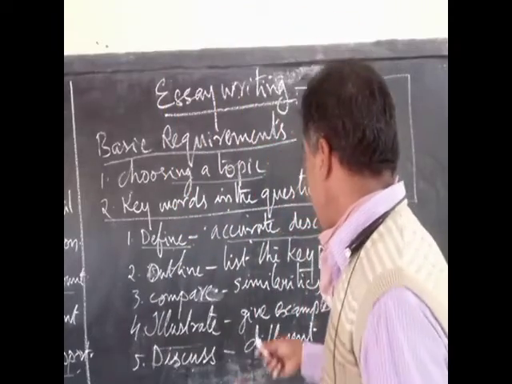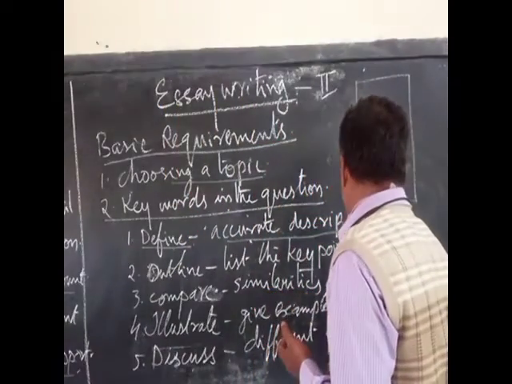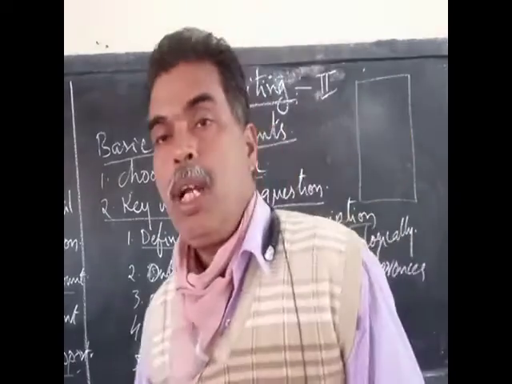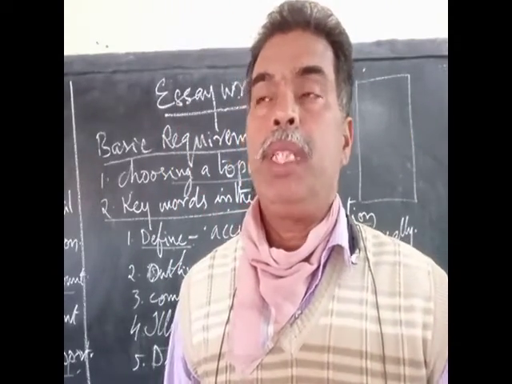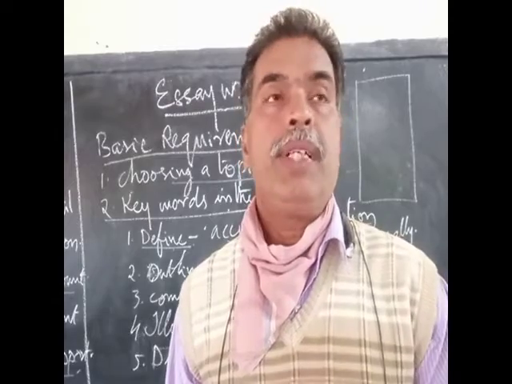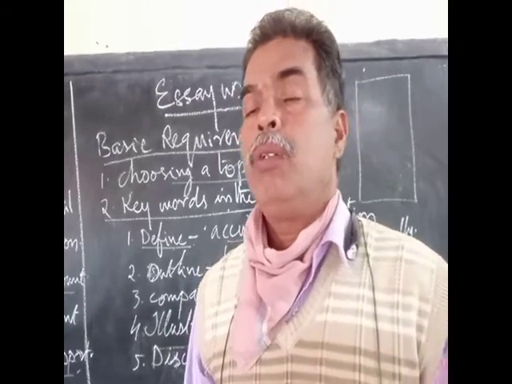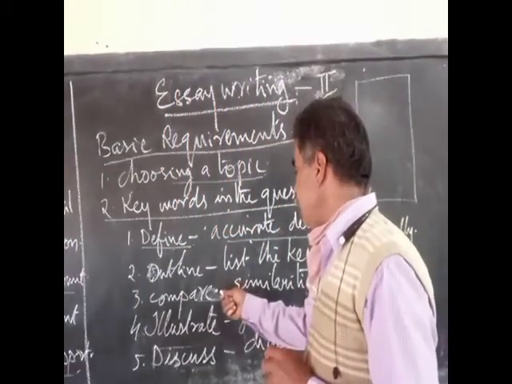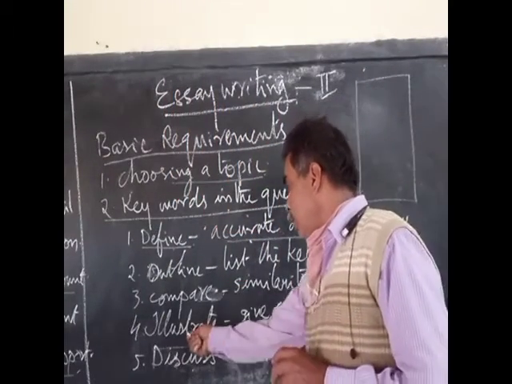And then differences: how is it different, one from the other? What differences you can notice, one from the other? That is what you are supposed to do when it is a comparative study. Now illustrate.